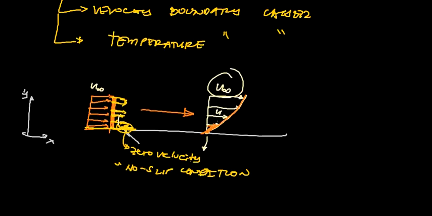This acts to retard the motion of the next layer, and then that layer retards the motion of the next layer, and so on, until it reaches the distance sigma from the surface.